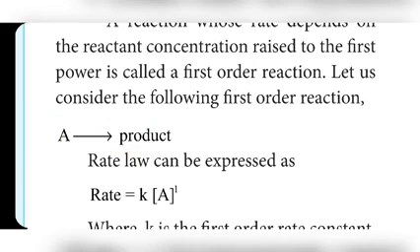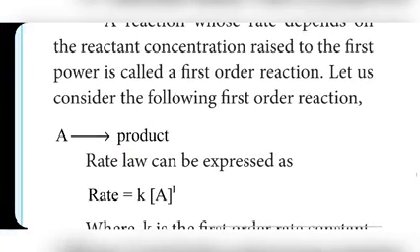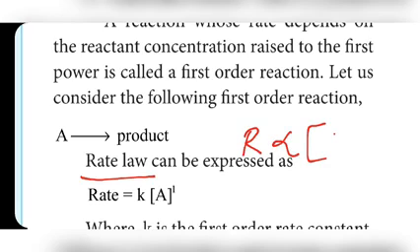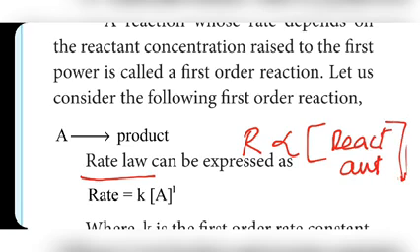By using rate law, we can write rate is directly proportional to the initial concentration of reactant. Here the reactant is A, so concentration of A power 1, because this is first order.